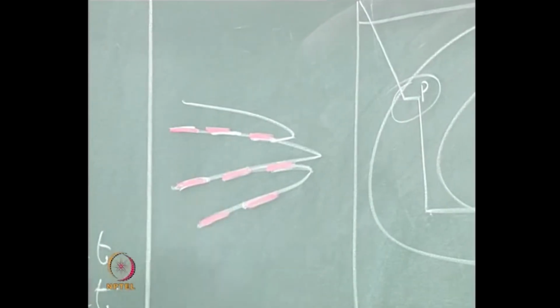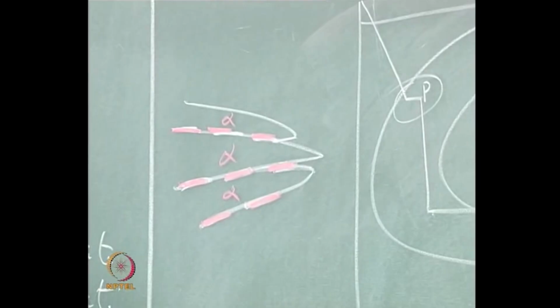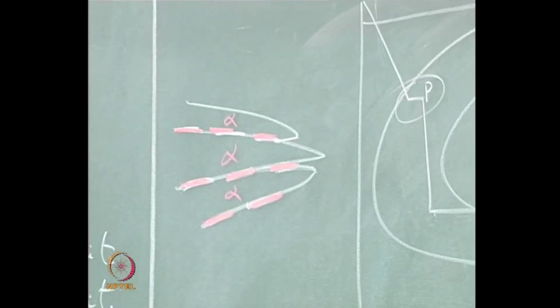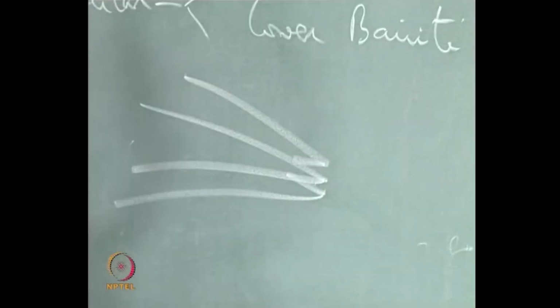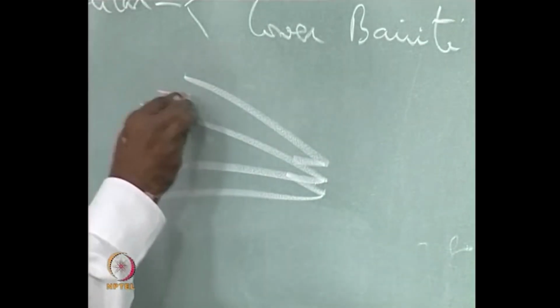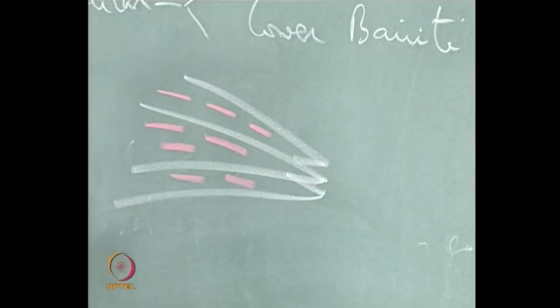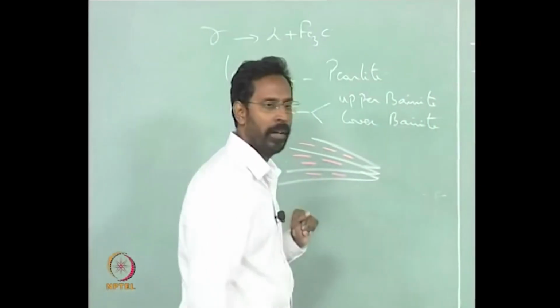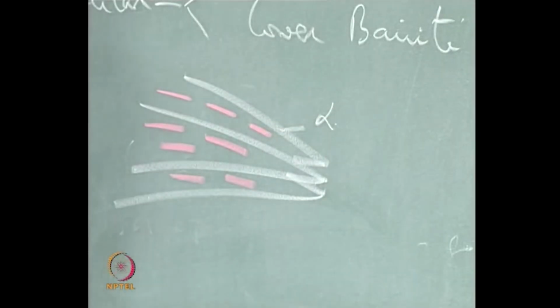In an acicular ferrite, this is all alpha, whereas in a lower bainite the same acicular ferrite will be there, but in that acicular ferrite you will have cementite nucleated on certain habit planes. They are like plate-like cementites formed inside the ferrite, and this ferrite is formed by polymorphous transformation.